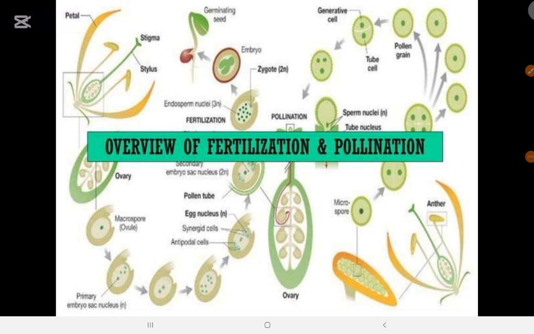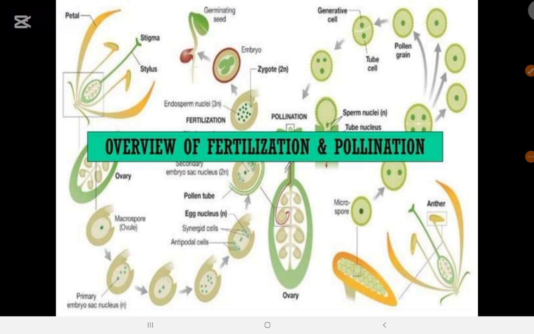One will fertilize the egg cell and become the zygote, and the other will fertilize the polar nuclei, which becomes the endosperm. Surrounding the seed is the endosperm, which nourishes the developing zygote.